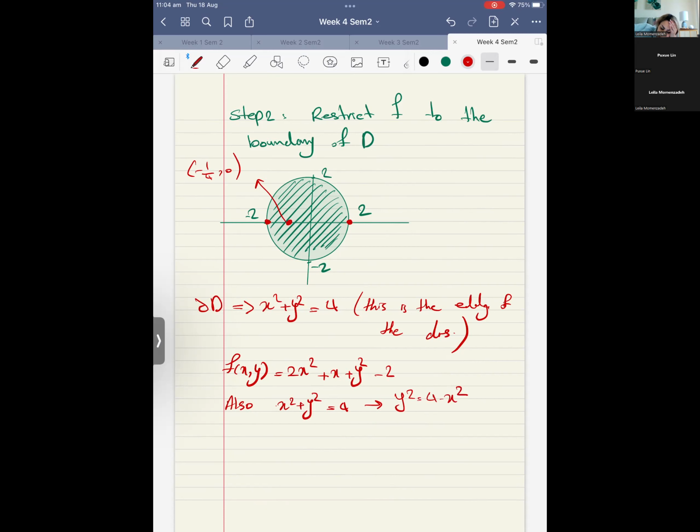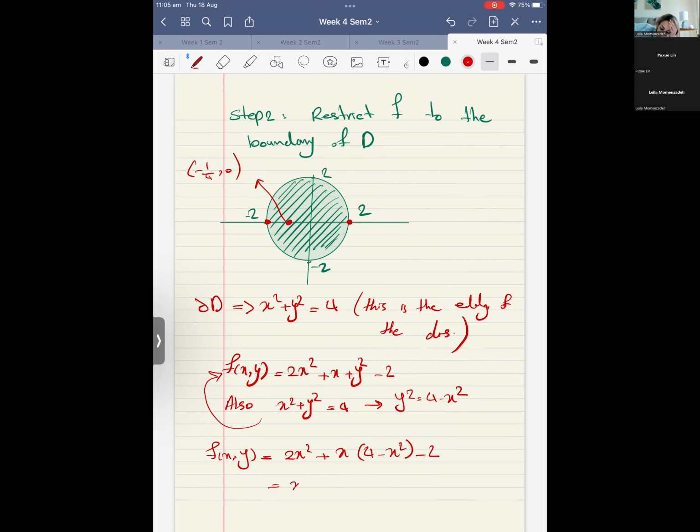Now back to this equation, I can write f(x, y) is equal to 2x² + x + 4 - x² - 2.